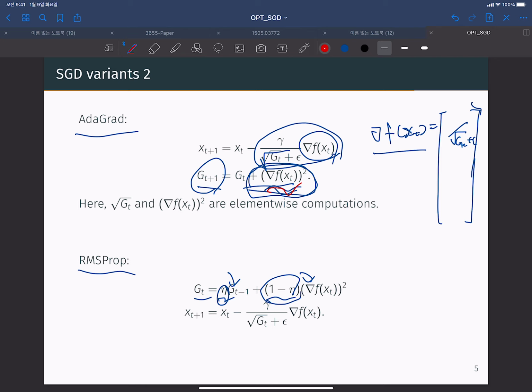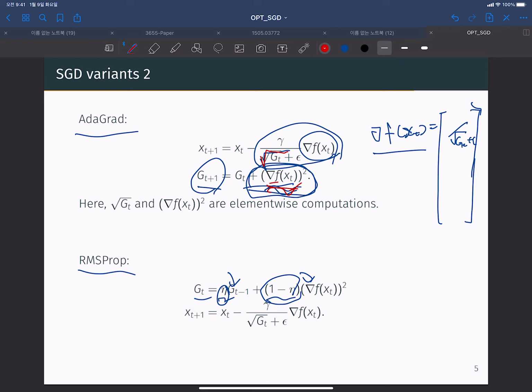So sum up all your squared elements and then take a root, then you can roughly guess the absolute length of each gradient vector element.